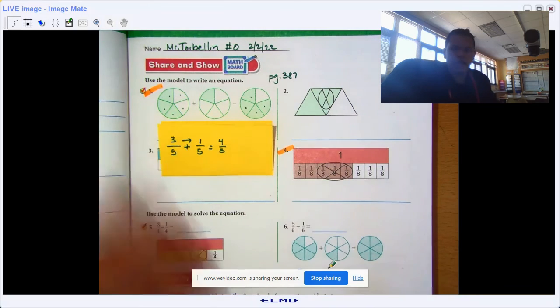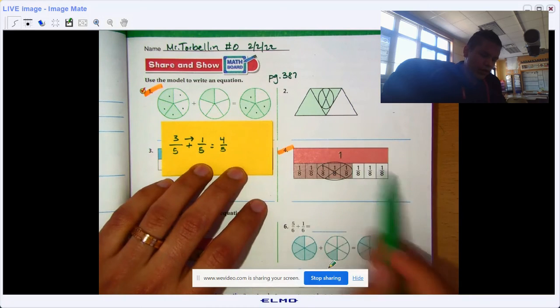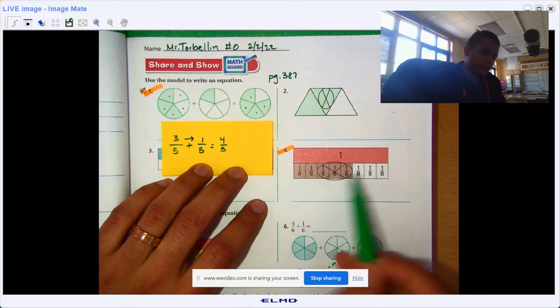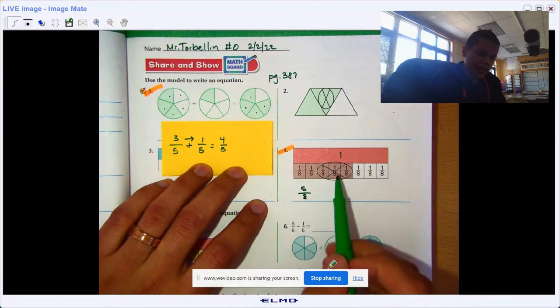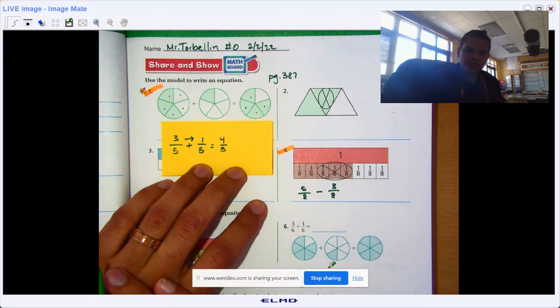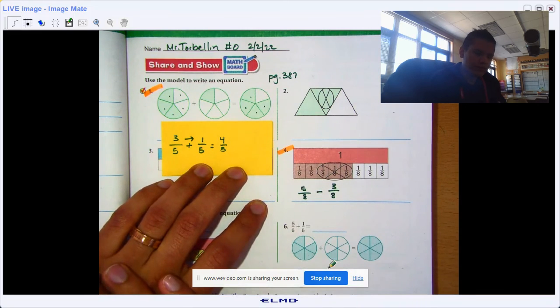Okay, let's take a look at example number 4. So here we have one whole. We have our eighths, and we're going to start with 1, 2, 3, 4, 5 eighths. Okay, there's an x through 1, 2, 3, so I'm subtracting or taking away 3 eighths. Do you remember what I just said? Whenever we have fractions with common denominators, what do we do?